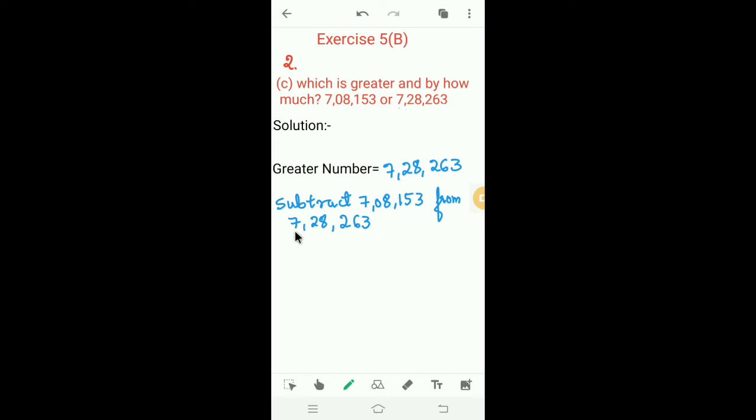First we should take 7,28,263. So 3, 6, 2, 8, 2, 7. Next we should take 7,08,153. 3, 5, 1, 8, 0, 7.